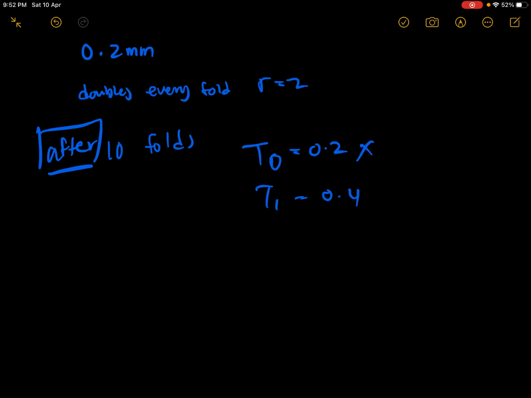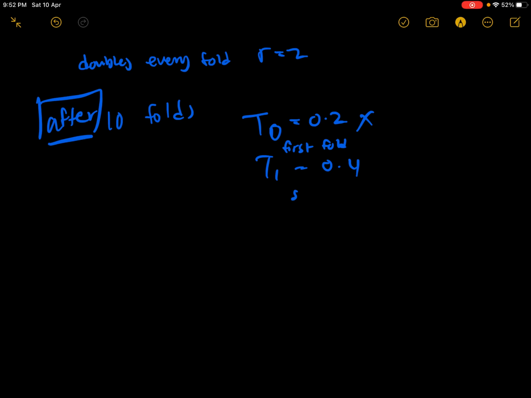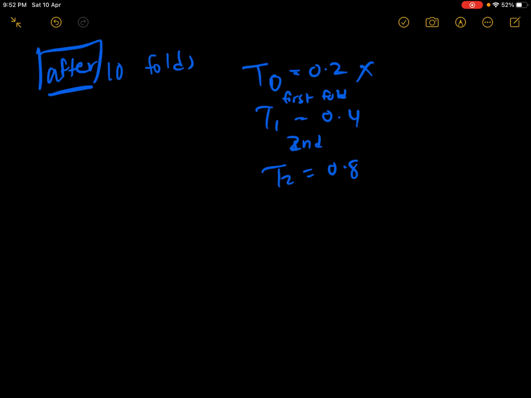So this is the part where it gets a bit confusing. Why do we have to start at 0.4 instead of 0.2? Because after the first fold, so T0, then first fold, it will be 0.4, and then second fold, it will be 0.8, and so on.